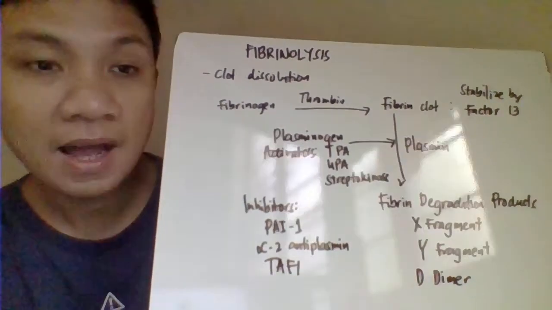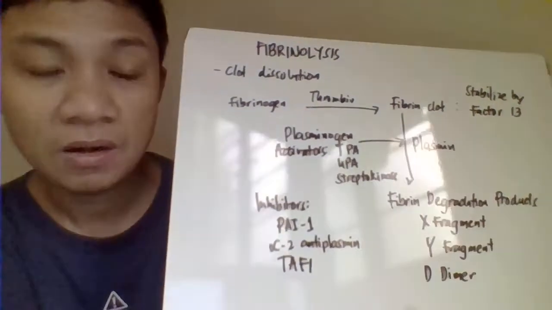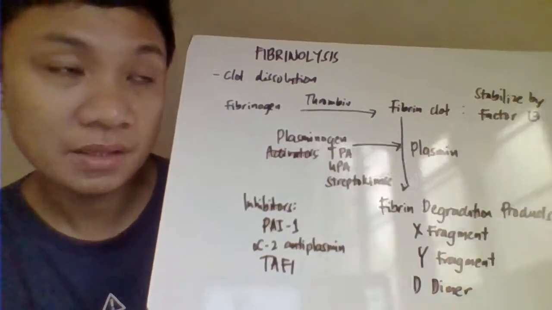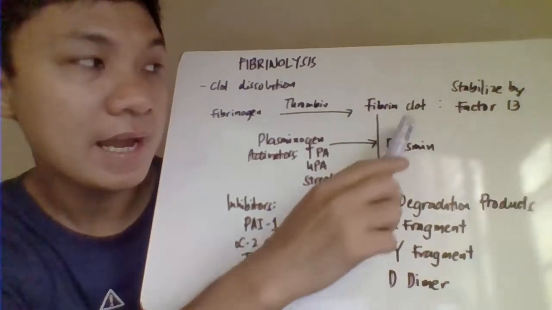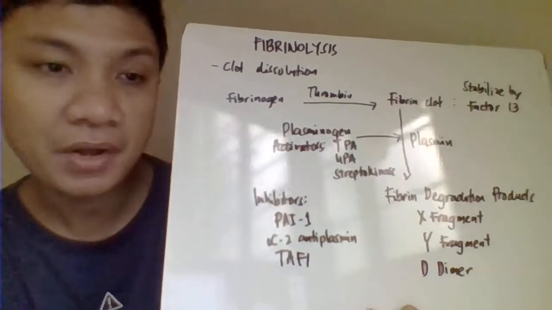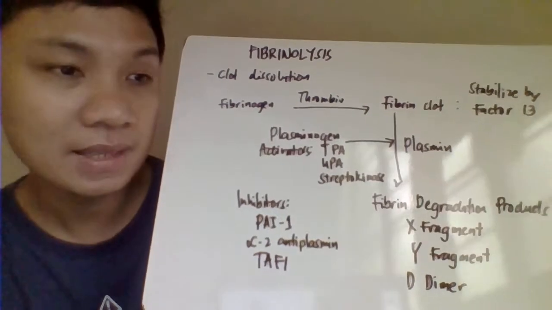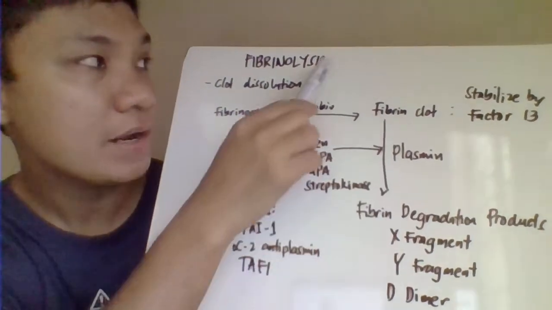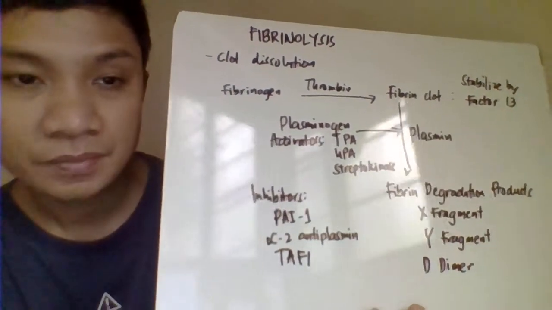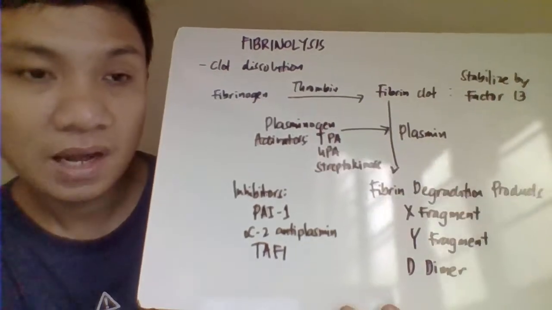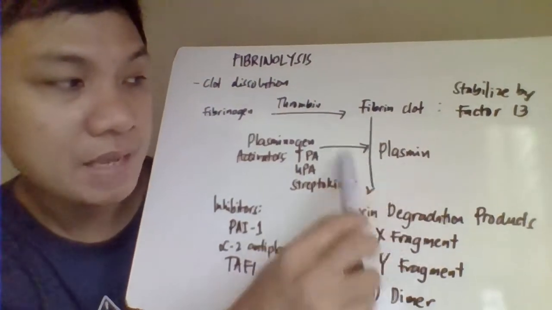But then again, we should not stop on that only. After you have formed a stable na clot, stabilized by factor 13, the next thing you're going to do is to digest our clot. The entire process is called your fibrinolysis. What digests our clot would eventually be the plasmin.